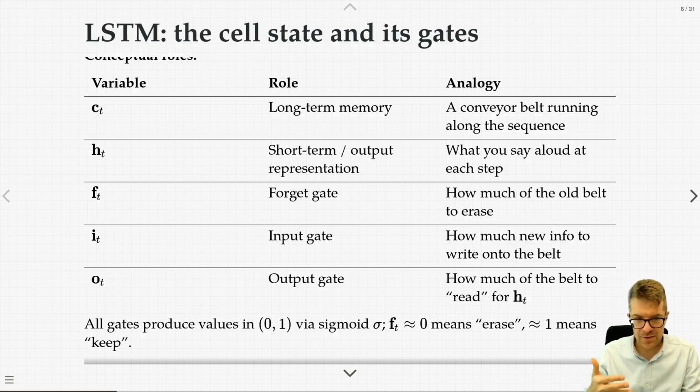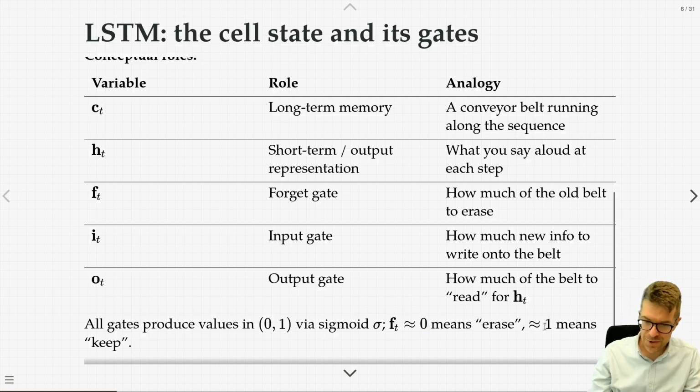It's not a binary operation, but a smooth operation. So F sub t, close to 0 means erasing, close to 1 means keeping, in the filter metaphor. But just like everything else in machine learning, it's not really as simple as all that.